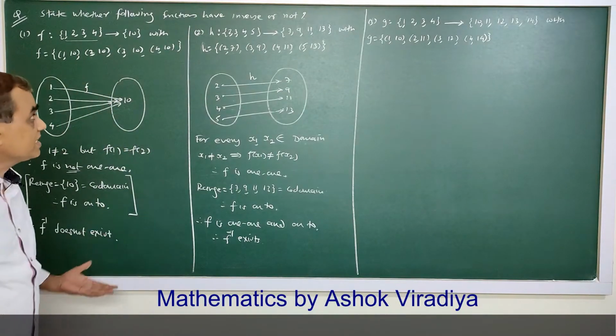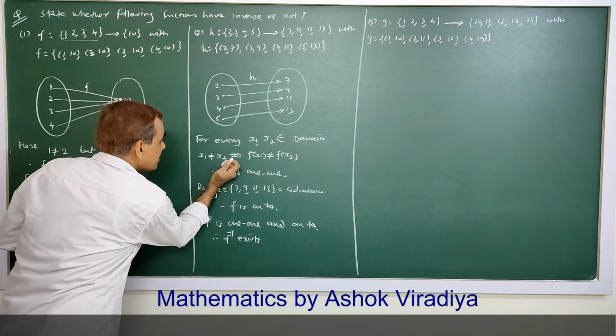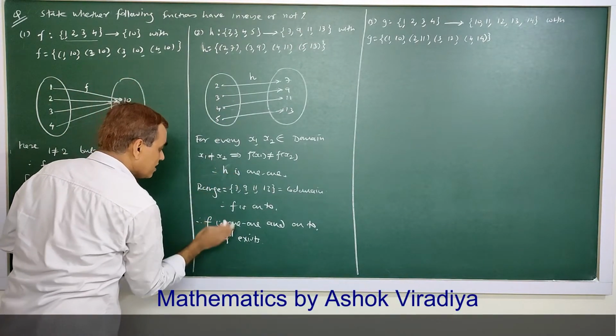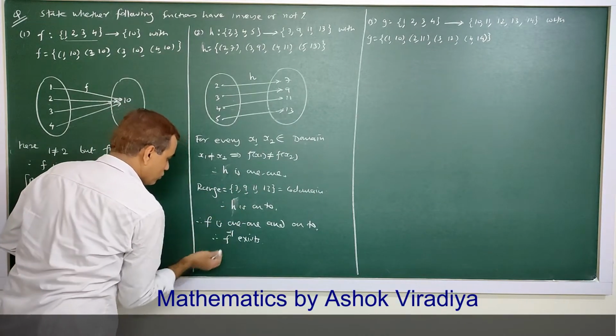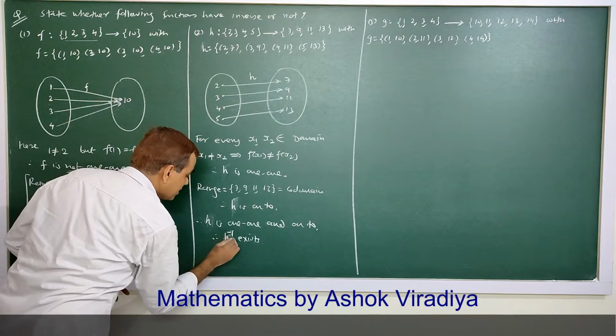Sorry, the notation for the function is h, so I should keep h here. h is 1-1. h is onto. So h is 1-1 and onto. So h inverse exists.